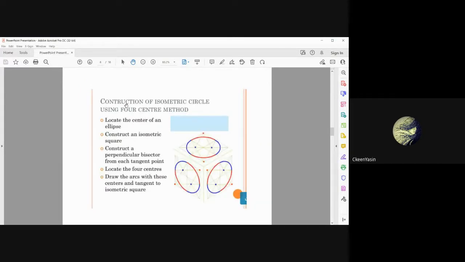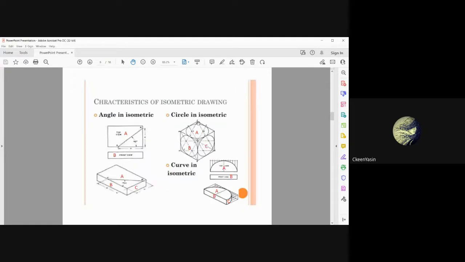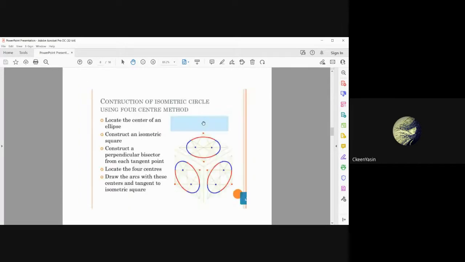Next, construction of an isometric circle. Just now I mentioned that if you have a square or rectangular, this one is simple. But if you have a circle, let's see how to draw it. First, locate the center of an ellipse. First and foremost, draw a box.